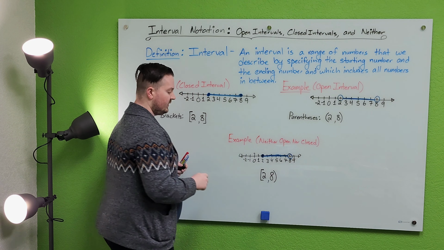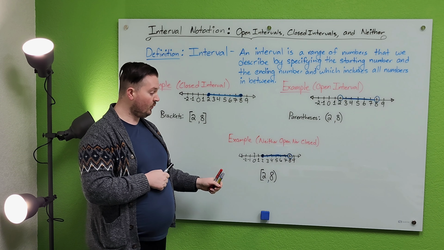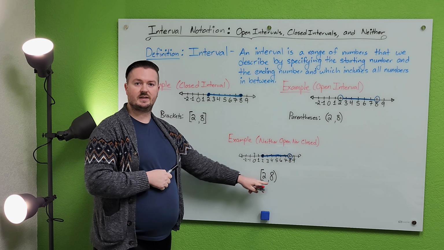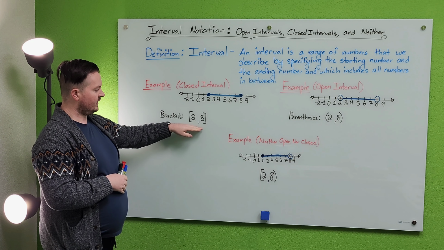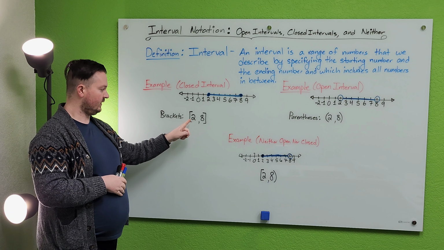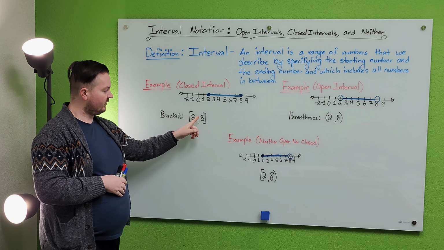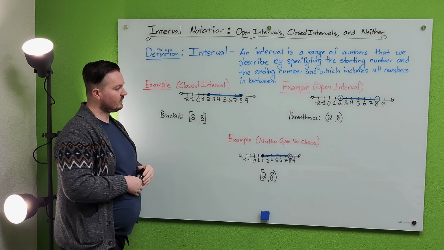So this is the interval notation for an interval that is neither open nor closed, because it's a mixture of both. This is the interval notation for a closed interval, and it's closed because we are including the starting point, we are including the ending point, and every point in between.